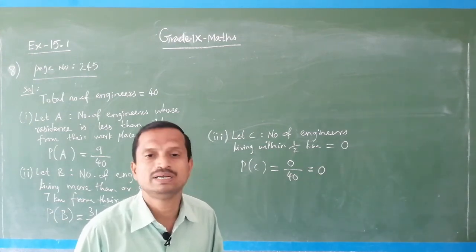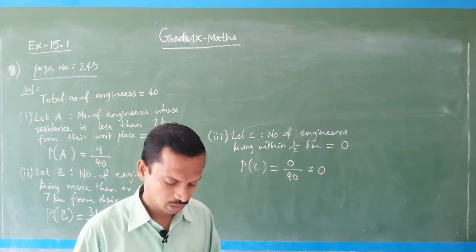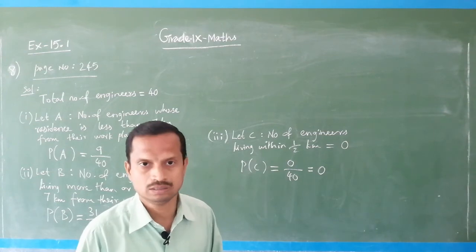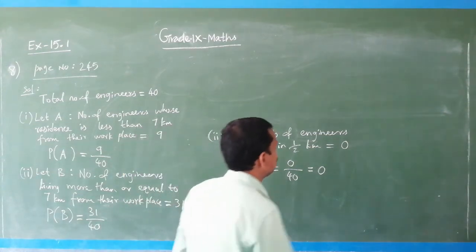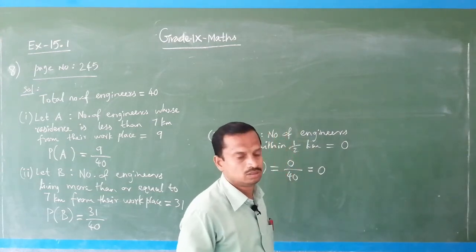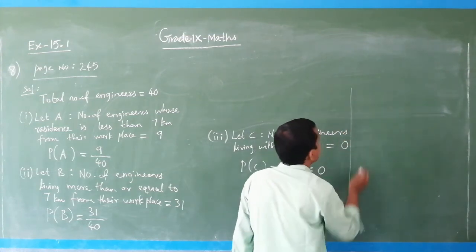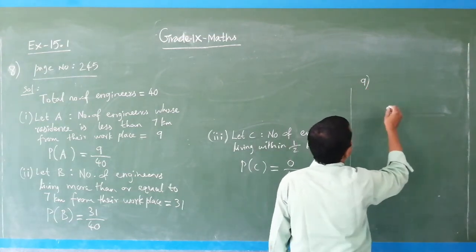You have to find the probability that any one vehicle out of the total vehicles you have observed is a 2-wheeler. I will tell you how to do this activity, and you take it as homework.